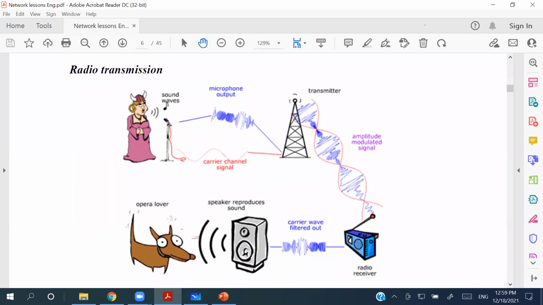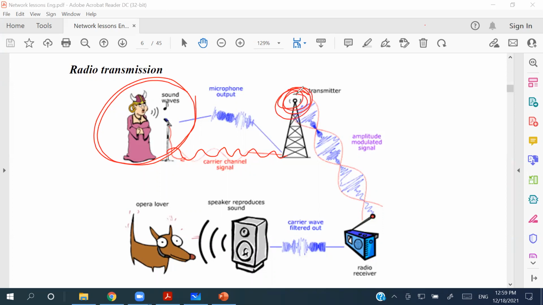So this picture describes how we are going to hear something which is being broadcasted by a particular radio station or a TV station, right? In this case, it's a radio, right? So the presenter or the person who is conducting the program is talking to the microphone, and through the microphone, it's broadcast to the transmitter.